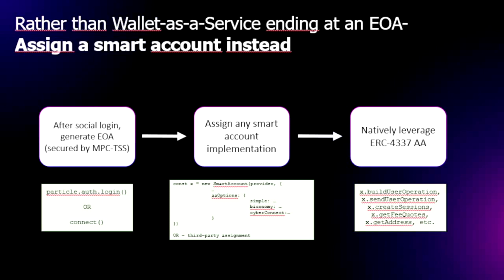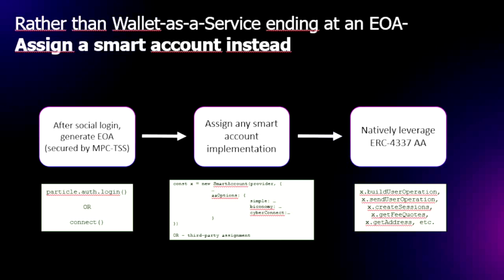But basically we assign a smart account implementation to this EOA that we generate with MPC TSS. Now we use this to then, of course, leverage account abstraction. So we can do things like gasless transactions, batch transactions. Anything you can imagine in the realms of account abstraction, even things like session keys.